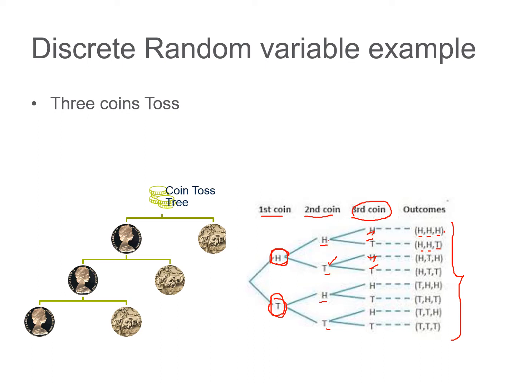You have 8 outcomes. And what is the probability of getting all three heads? That means only one. So 1 over 8. What is the probability of getting all tails? Again, 1 over 8, right? What is the probability of getting two heads? What is the probability of getting two tails? And those kinds of things you can calculate.